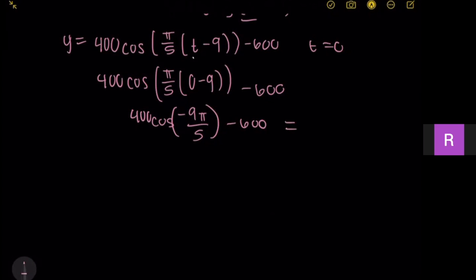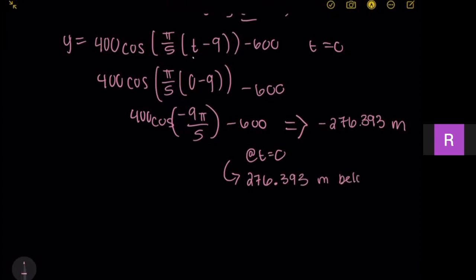Then we would get for this negative 276.393 meters. Meters can't really be negative, so we can just take away the negative sign and make it positive, and we will have that our ship at time t equals 0 was at 276.393 meters below the surface.